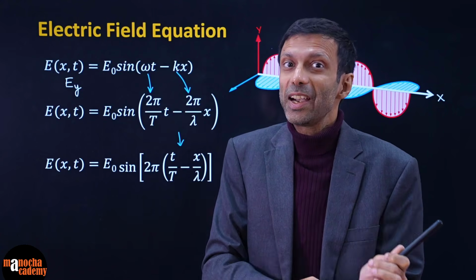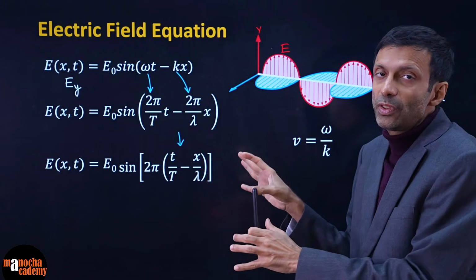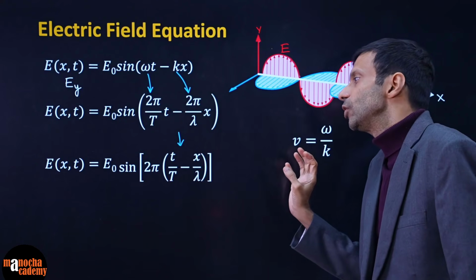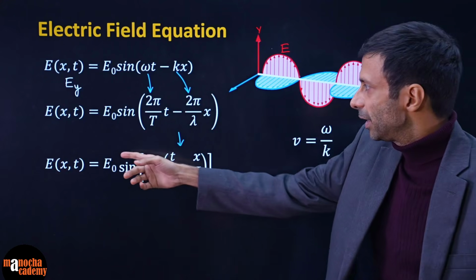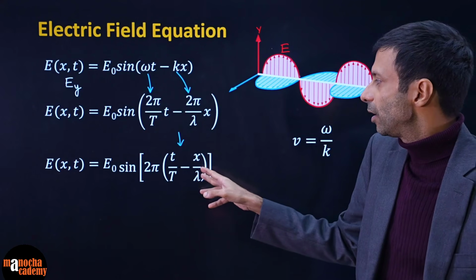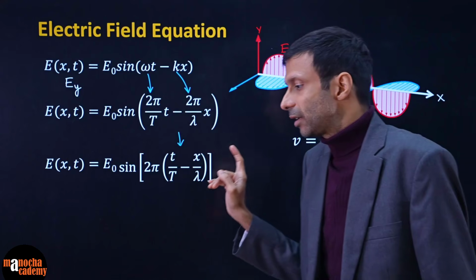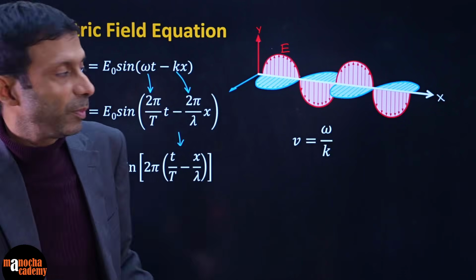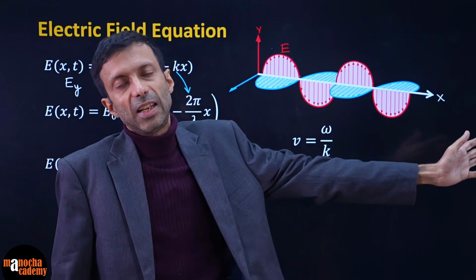You'll say, what about the magnetic field? Don't worry, it's coming up, right? So this is not the complete equation of the electromagnetic wave. You can say this is the equation of my electric field. But it's giving me information like the maximum amplitude, the time period, the wavelength, all this stuff is captured here. And one more important piece of information: since there is an x variable, that means it's traveling along the x-axis.